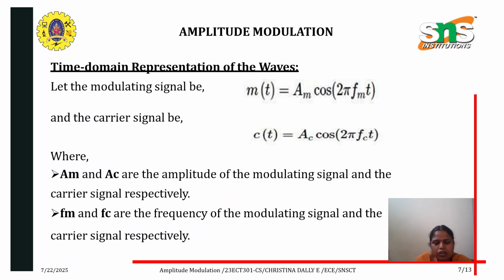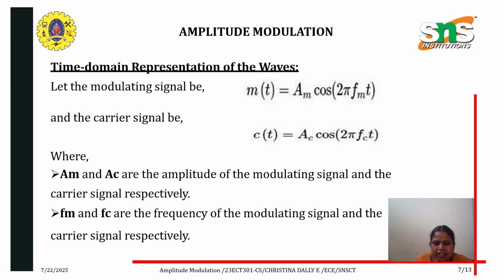If we want to represent a signal, it should be in the form of a mathematical expression. So the modulating signal I have represented as AM cos 2 pi fmt, and the carrier signal is AC cos 2 pi fct. We know that AM and AC are the amplitude of the modulating signal and the carrier signal respectively.